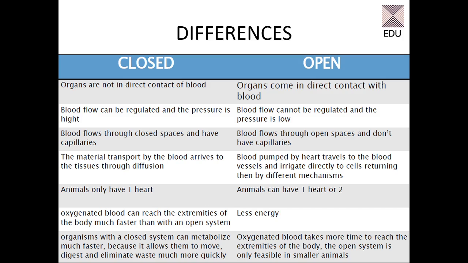In the closed type, the materials transported by the blood arrive at the tissues through diffusion. That means the tissues take the oxygen or the required gas and the required nutrients simply by diffusion.